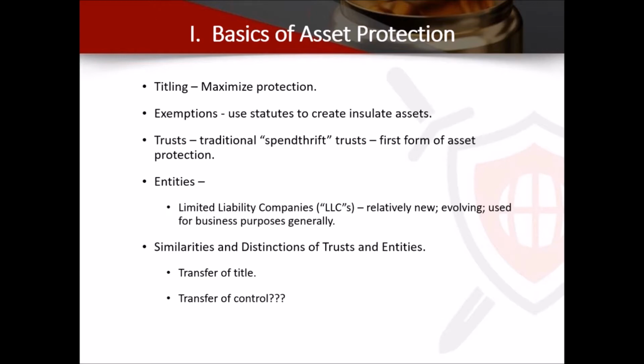So, for instance, with titling, Florida and most of the states on the East Coast, not so much the middle of the country and the West Coast, allow for tenancy by the entireties, which means that if you're married, you can hold assets with your spouse. If one spouse is sued, and not the other, or one spouse becomes subject to a judgment and not the other, those properly titled assets are not available to the creditor.